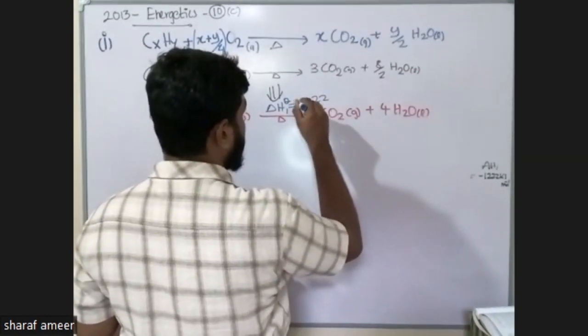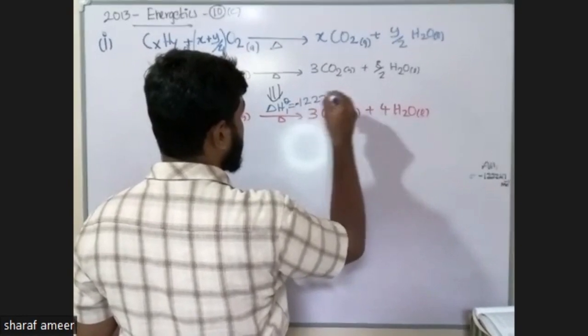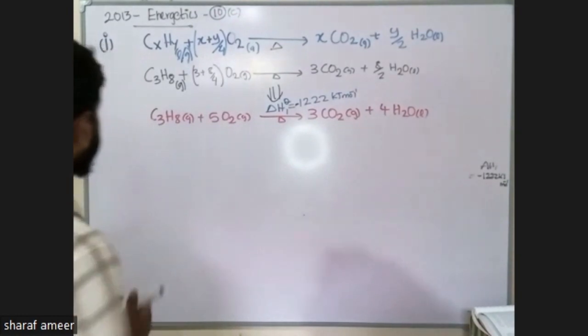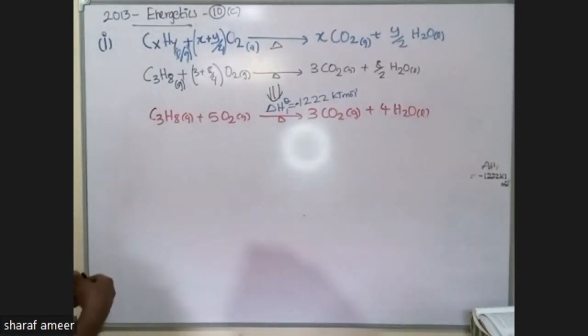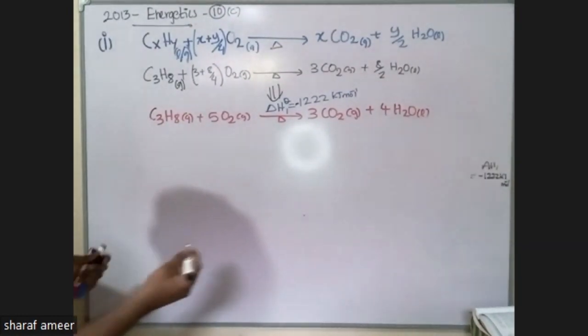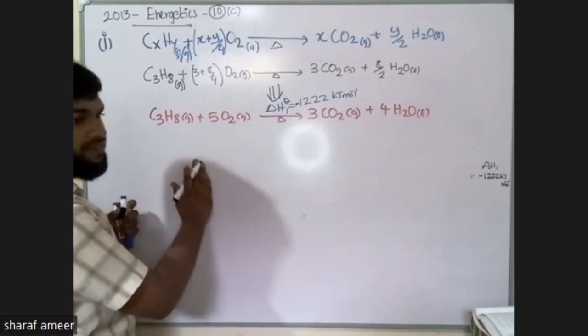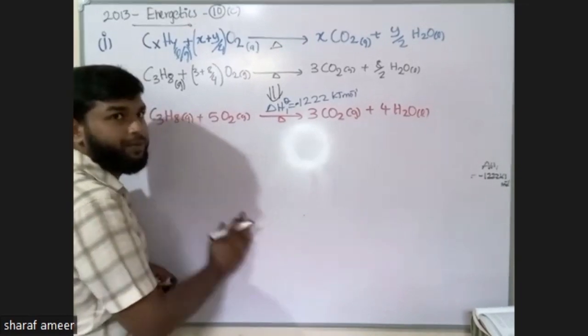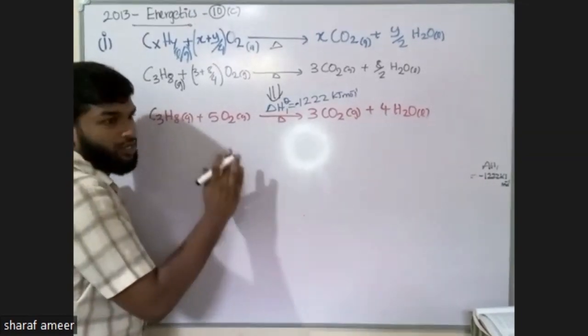Same way for propane here. Now I'll give you the short method. Now you can understand that was a long way to go to get the answer here. So I'll give the easy method here.